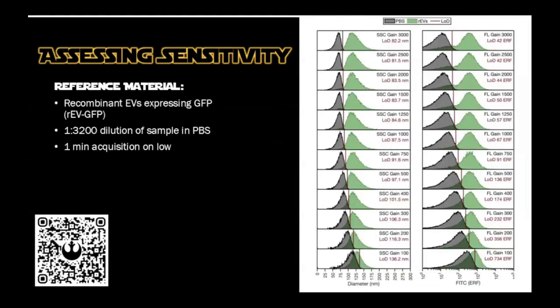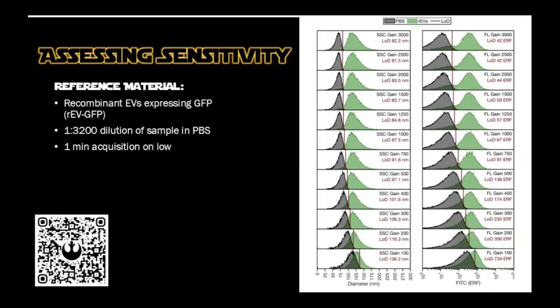As Vera said, having positive controls is really useful, and you want to validate your optimal settings. This is an example of performing those detector setting incrementations. Every time we do them, we didn't analyze just the beads that we were performing the optimization with. We actually analyzed some positive controls as well. You can see here, if we compare the PBS control to our EVs, how the limit of detection changes for light scatter in the left column and for fluorescence in the right-hand column.